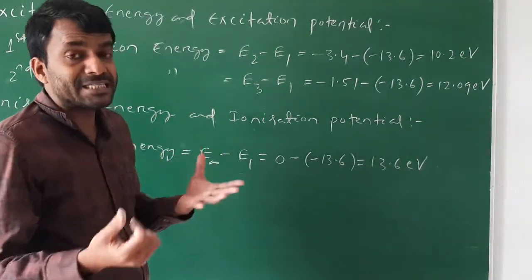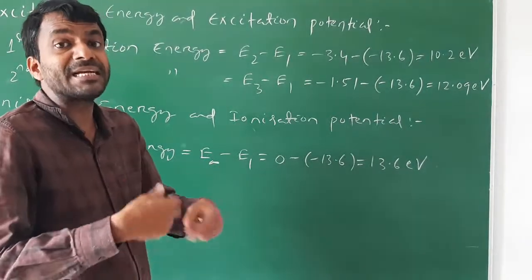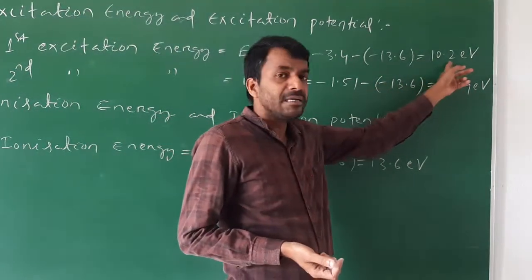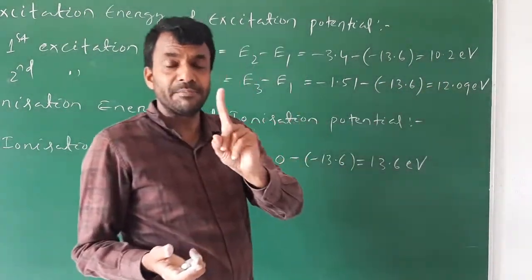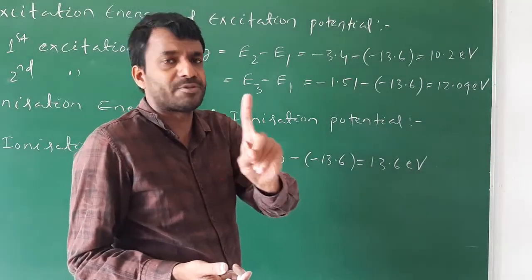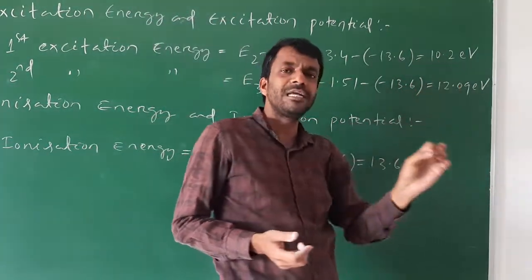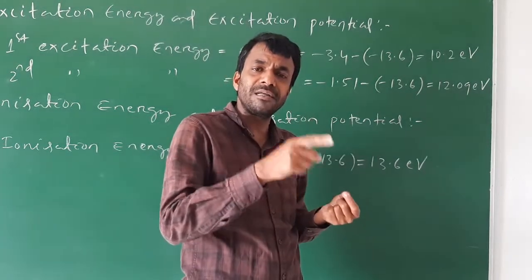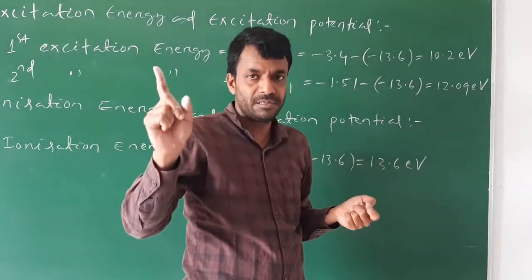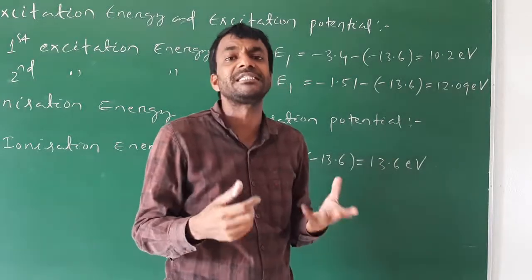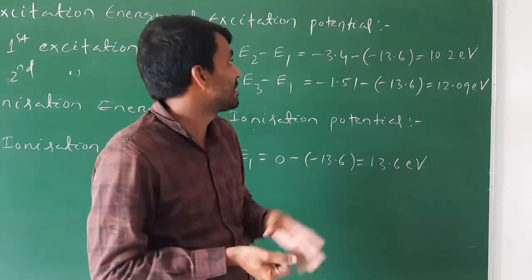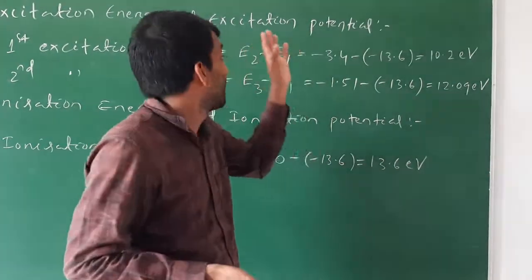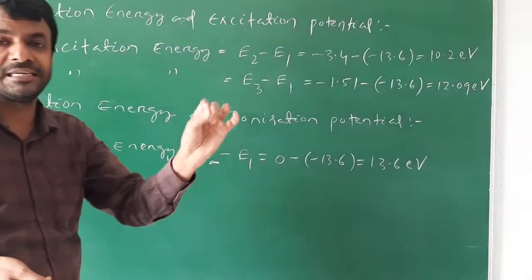Similarly, what is the first excitation potential? What is that accelerating potential? Remember, always one electron jumps. It means 10.2 electron volt can be written as 1 electron into 10.2 volt, means the potential difference is 10.2 volt, that is known as the excitation potential.